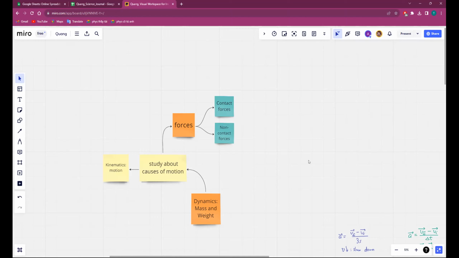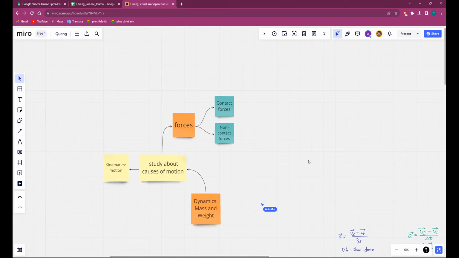Yeah, it acts on the object. And if you try to draw a force, is it a vector quantity or a scalar quantity? A force is a vector. Why is it a vector? Because it needs a direction: going up, down, left, right.